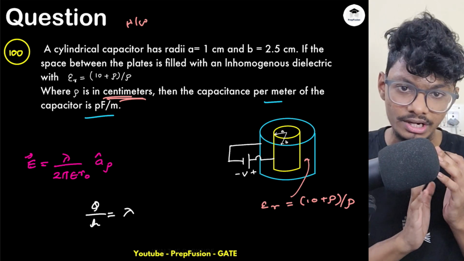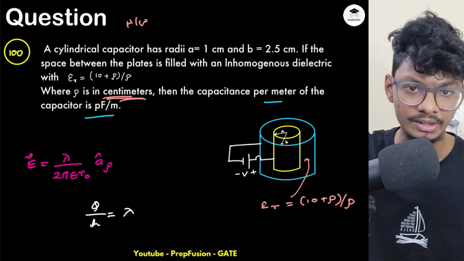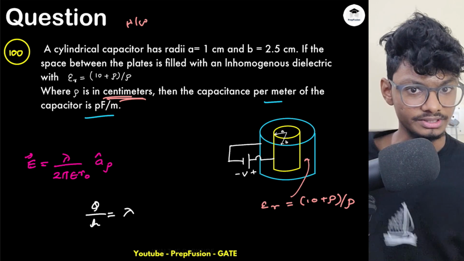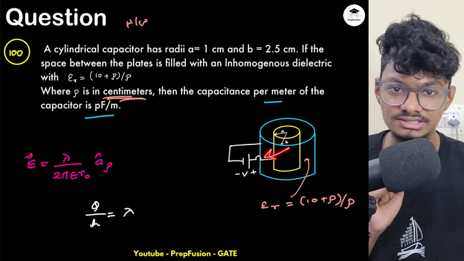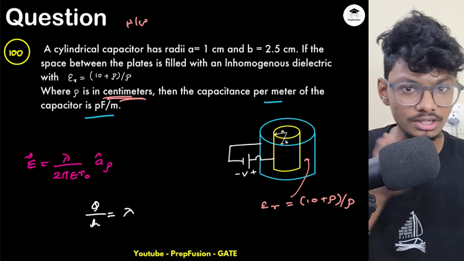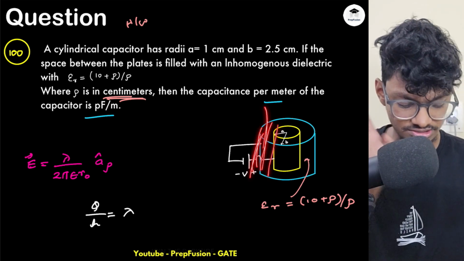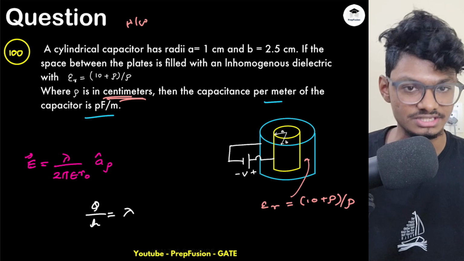Now there must be one parameter throughout which everything is same, right? And if I divide by that parameter, I will get my capacitance per meter, right? So I have to divide along some length. Which length should you choose? Along the radius, along the height, along what? If I divide the capacitance along the radius, each surface I will get some different capacitance because here the epsilon will keep on changing.